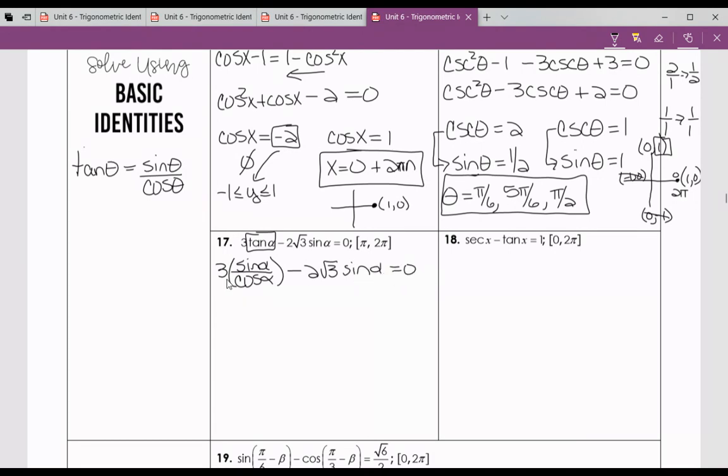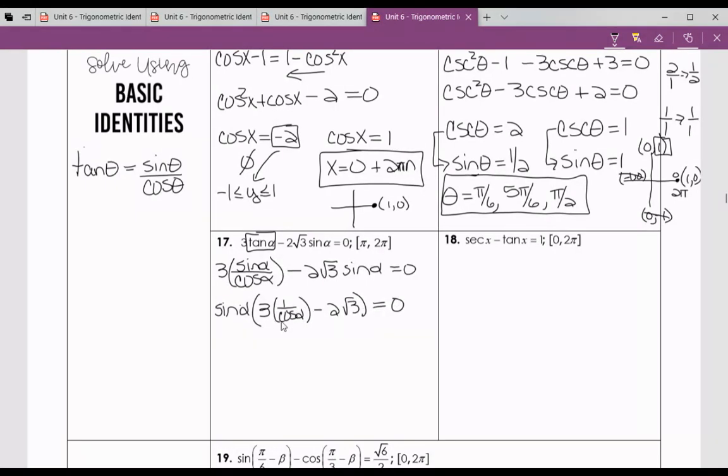All right. Now, I know it's kind of hard to see, but there is a sine greatest common factor. So I'm going to take sine alpha out. That leaves me with 3 times 1 over cosine alpha minus 2 square roots of 3. Greatest common factor is a sine.